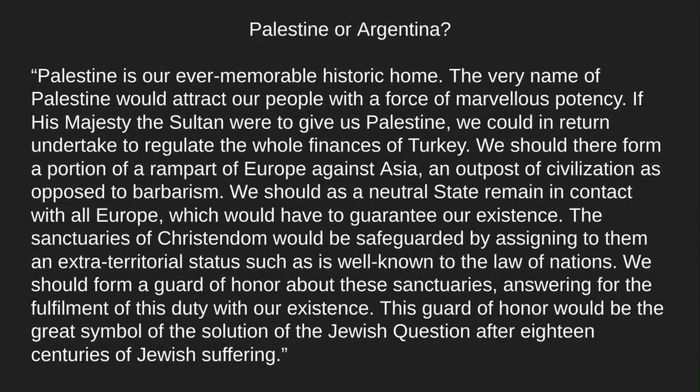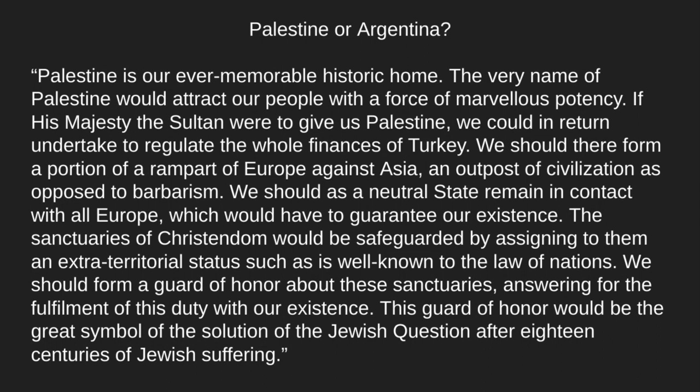A rampart of Europe against Asia, and this again is going to be part of the reason for the hostilities. Many Arabs and Palestinians are going to see Israel as indeed exactly what he's describing here, a rampart of Europe against Asia, in effect another European state, or as some people have said, the 51st state of the United States.